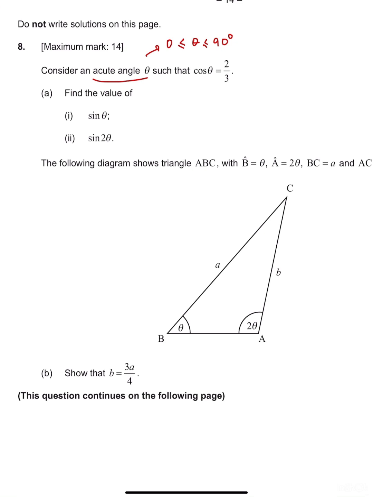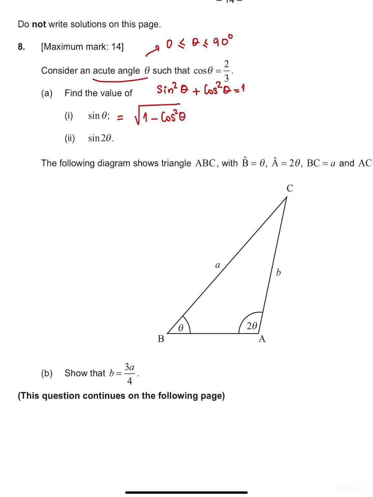So in order to find sine theta, you have to remember one formula: sine squared theta plus cos squared theta equals 1. So we can consider sine theta equals the square root of 1 minus cosine squared theta.